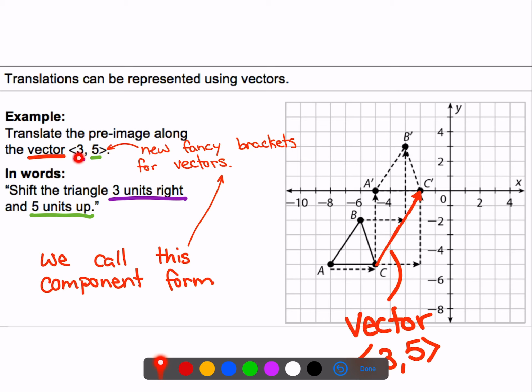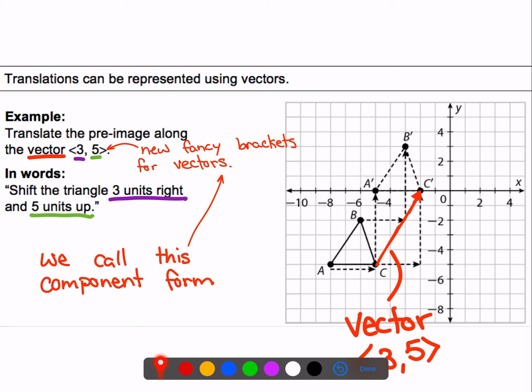If it was negative, it would go left. Then the 5 is in the y place, so that's telling me that my y value will go up 5 units. If it was negative, it would go down 5 units. So depending on whether it's positive or negative tells us the direction in which we're going. So this is telling us to move 3 units right and then 5 units up.